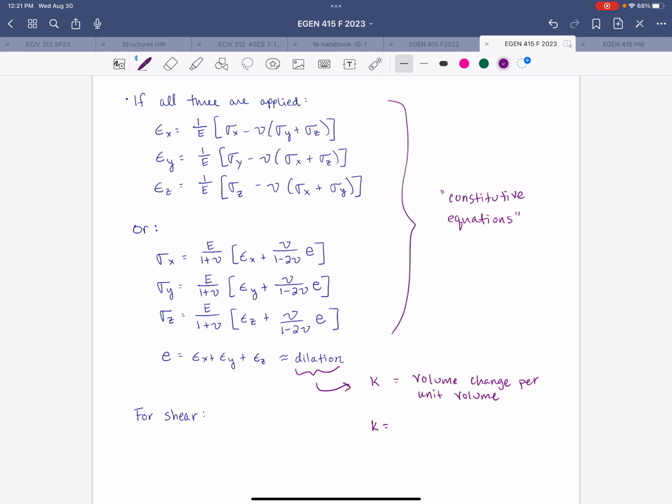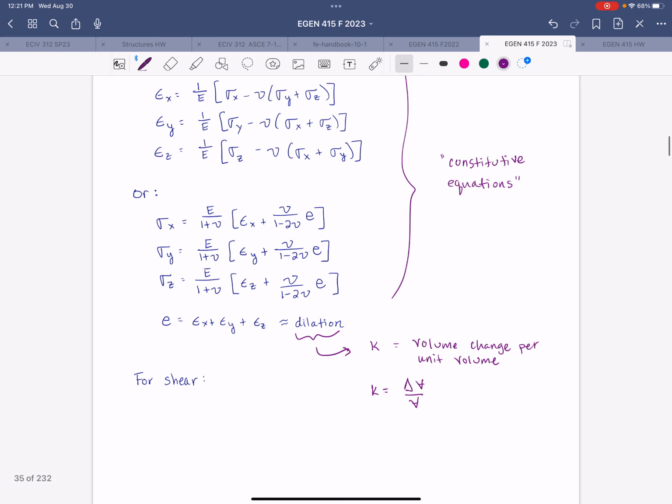So we can write it as change in volume divided by volume. And for very small strains, we can say that this sum of the normal strains is approximately equal to the dilation.